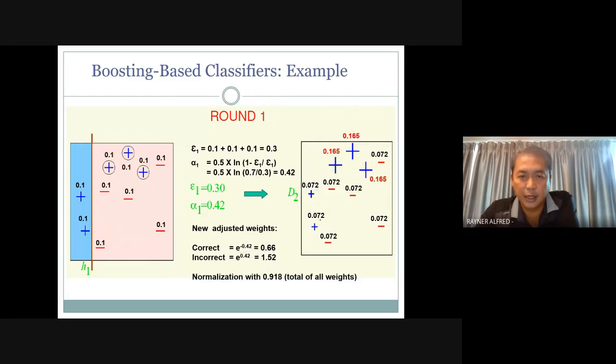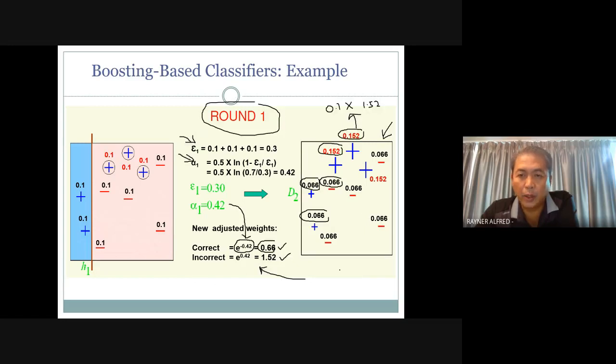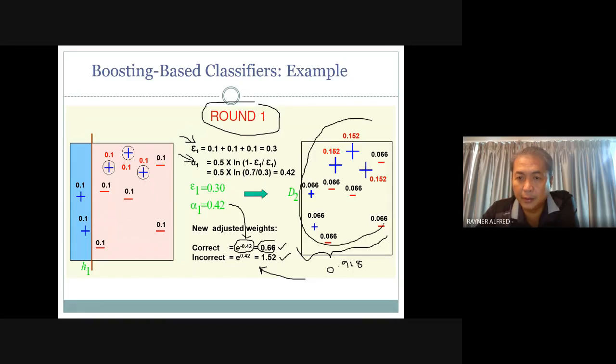For example, when we add up all these values, the value is 0.918.